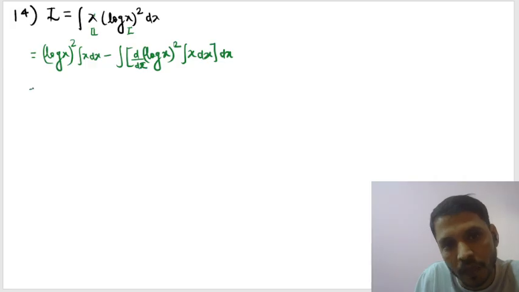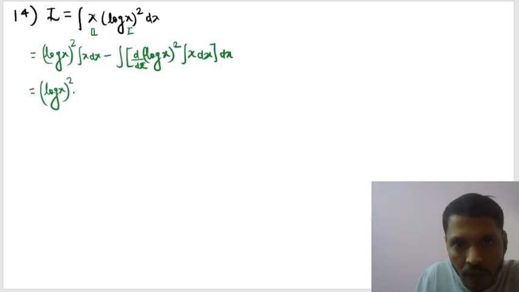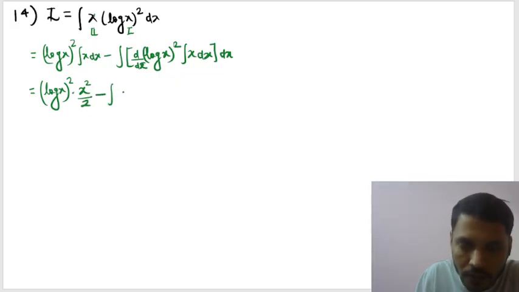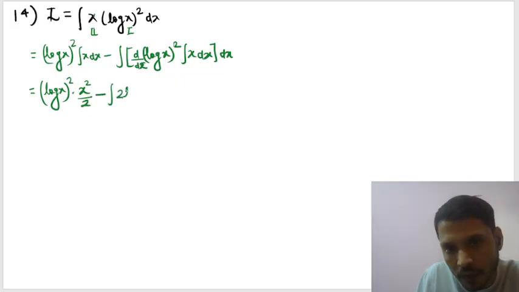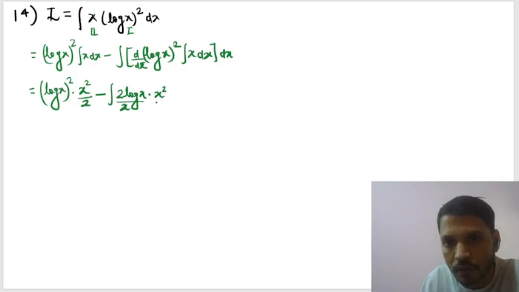So now finally, this will be log x whole square, and the integration of x is x square by 2, minus the integration of the derivative of log x whole square, which is 2 log x times, by the chain rule, 1 by x, and the integration of x is x square by 2, and now dx.